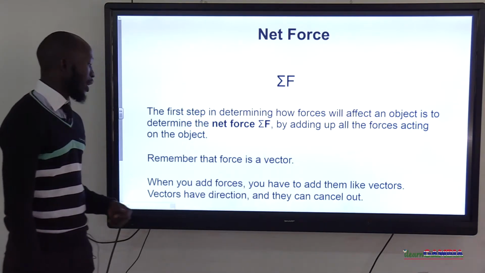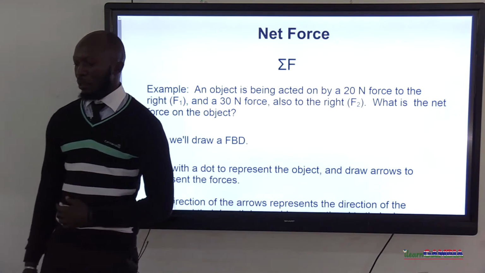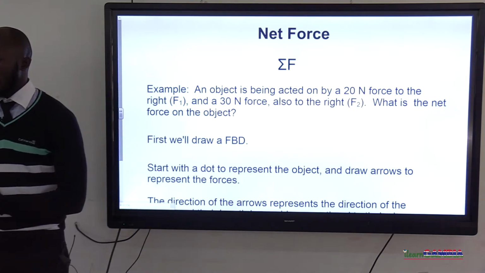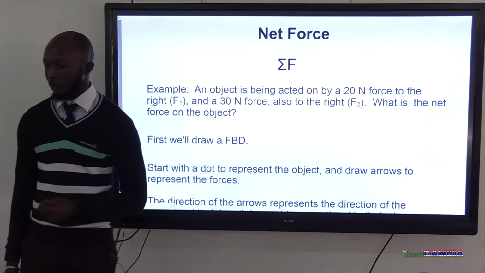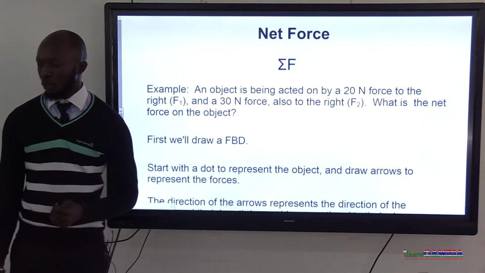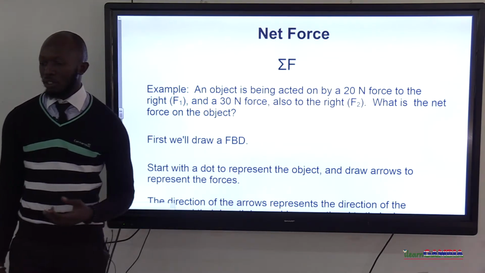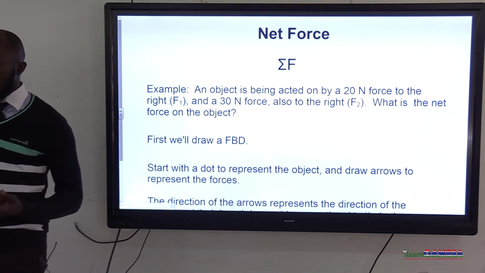Vectors have direction and they can cancel out. For example, an object is being acted on by a 20 Newton force to the right, which we call F1, and a 30 Newton force also to the right, F2. What is the net force on the object? First, we'll draw the free body diagram.